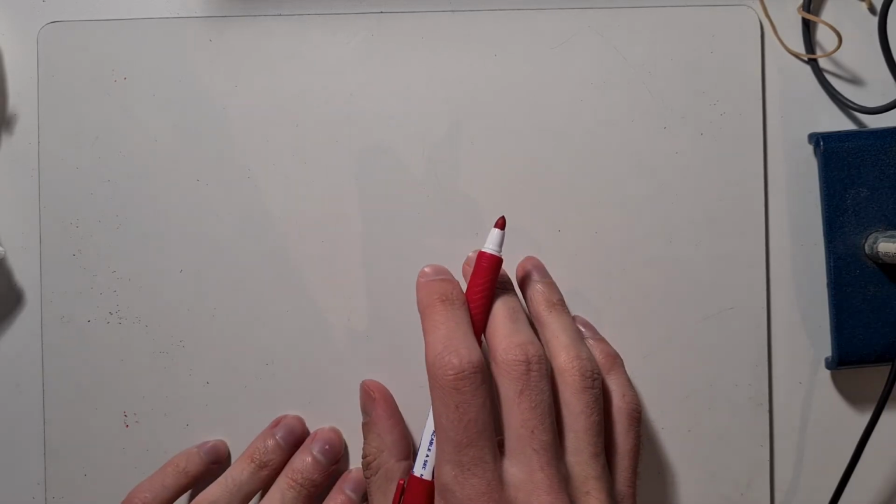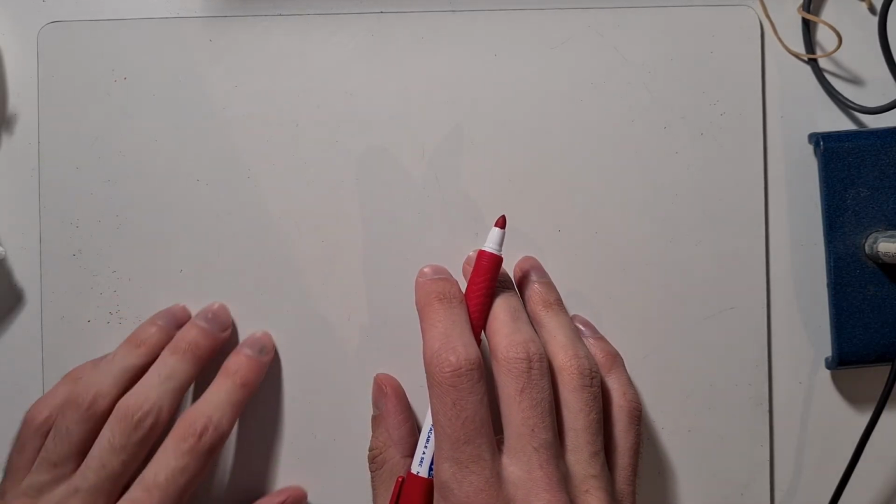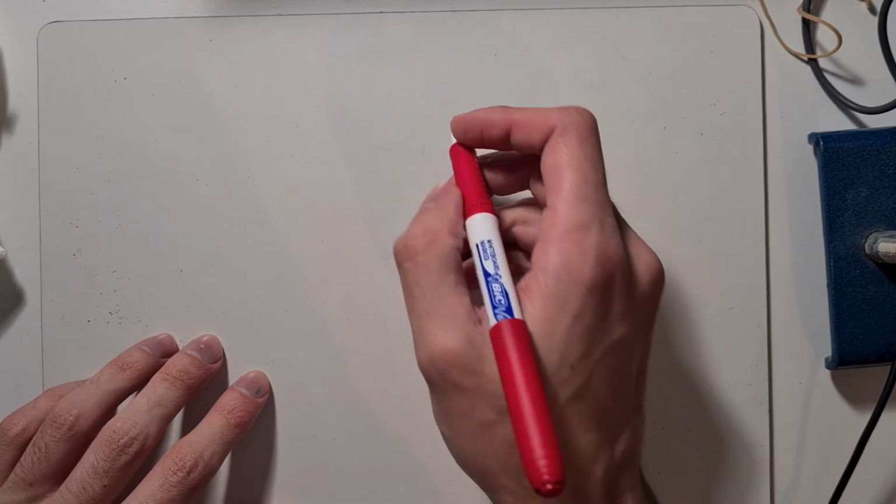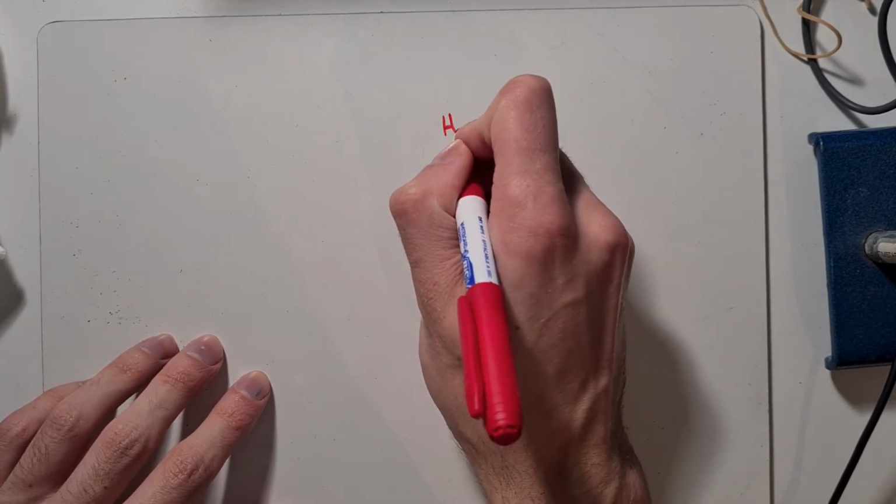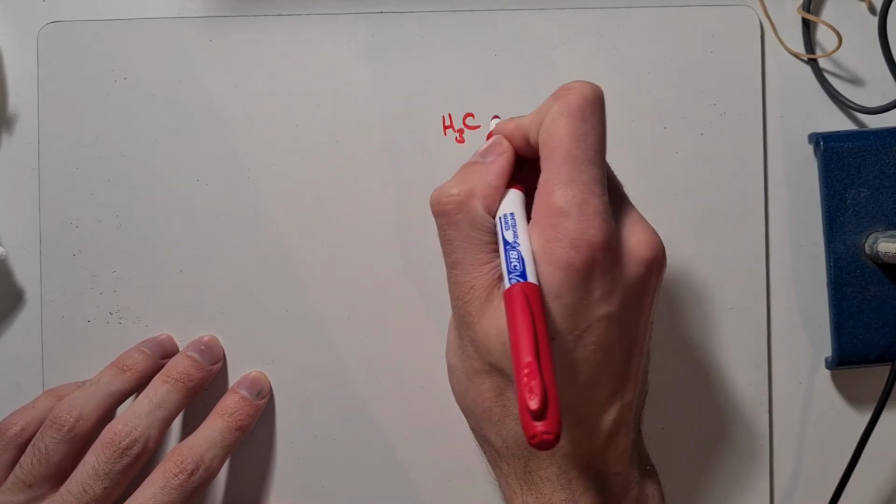In part D, we've got a 3-step mechanism that's been proposed for this reaction. Step 1 is our slow reaction. Because we look at step 2, we know the finishing product in step 1 has been shown to us.